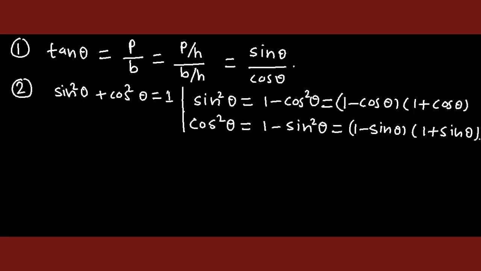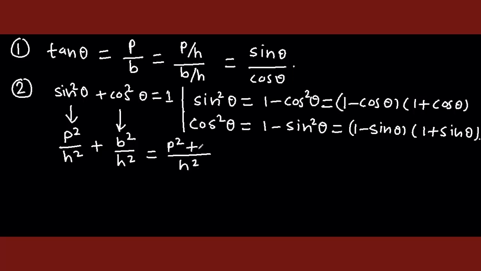So how will we prove this? This result is very important. So this can be proved very easily. How? We can write sine square theta as p square by h square, and cos square theta as b square by h square. Take LCM of h square and h square. This is h square itself.